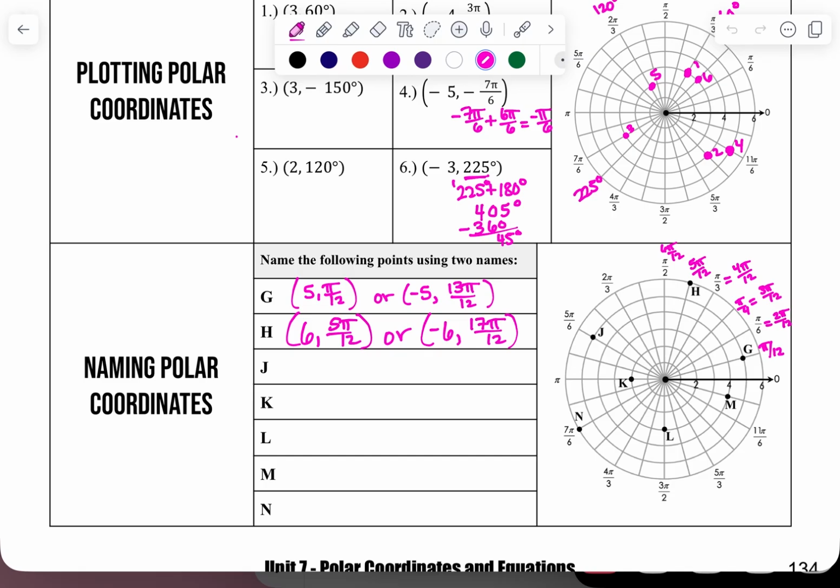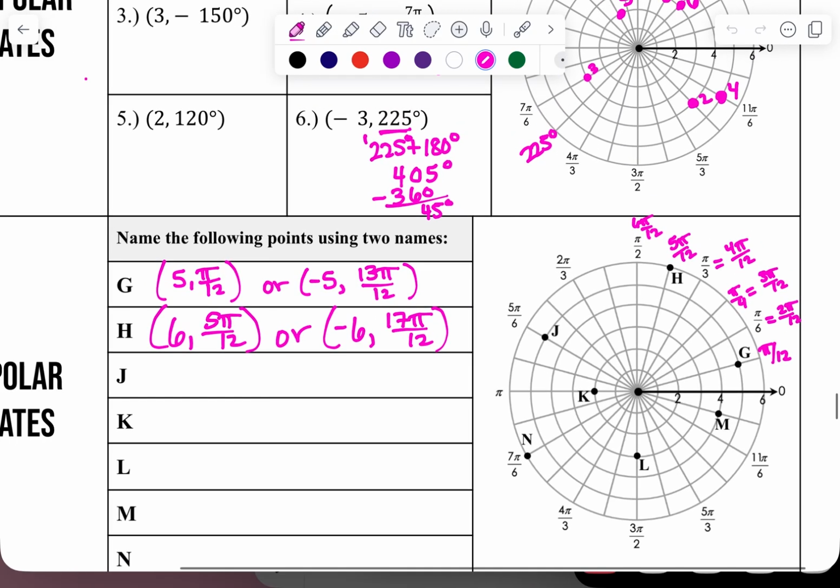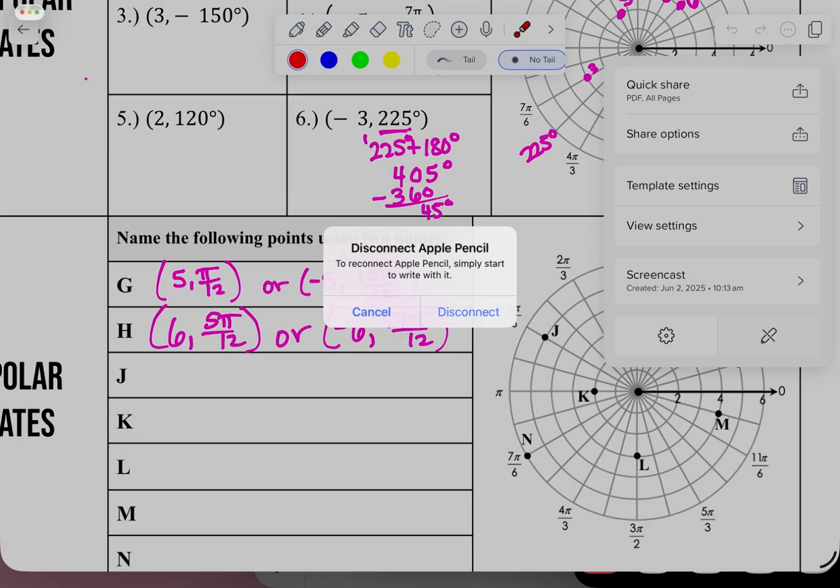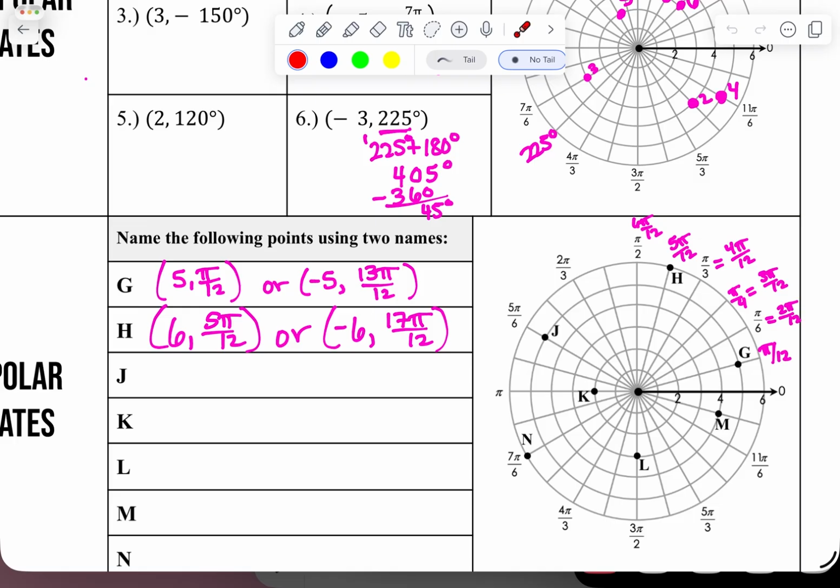All right, so letter J, if we take a look at this point, so 1, 2, 3, 4, 5. So it's 5 units out.